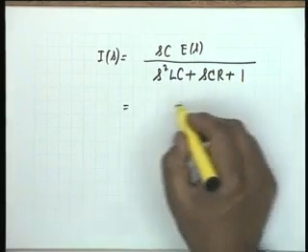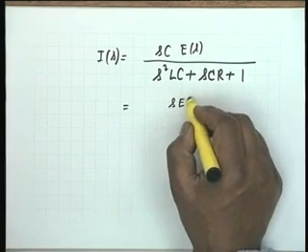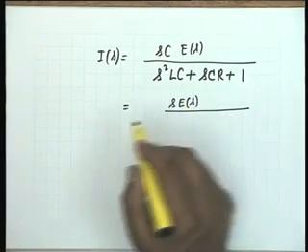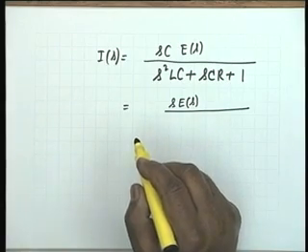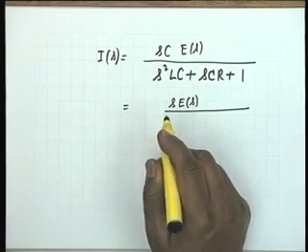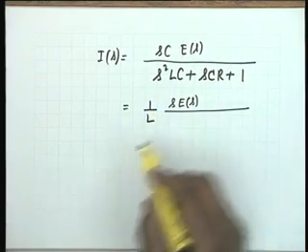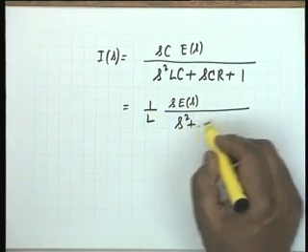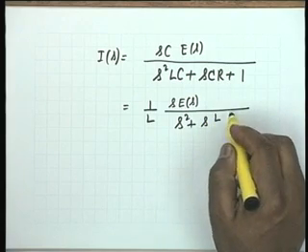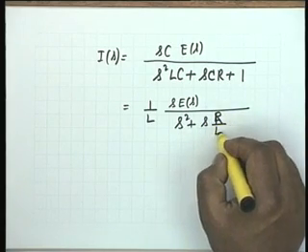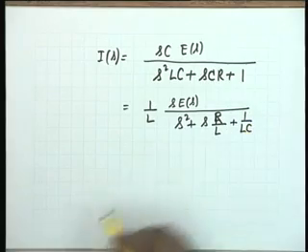This I can write as S E of S. Now I want to write the denominator with the highest power term coefficient equal to unity. So I take LC out, then I get 1 by L S E of S, S squared plus S R by L plus 1 over LC.